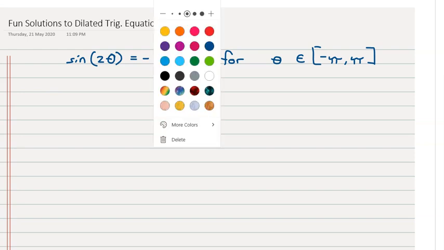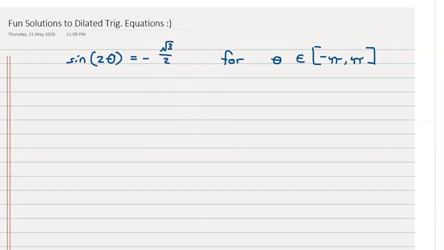So the first thing I'm going to do is, I don't want to have to deal with this. I just want to deal with something that hasn't been dilated. So I'm going to say let x equal 2 theta. And what this will do is it will say sine of x equals negative root 3 on 2, and therefore our domain is going to change.